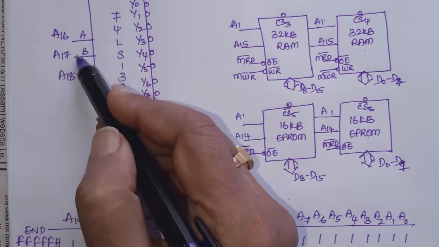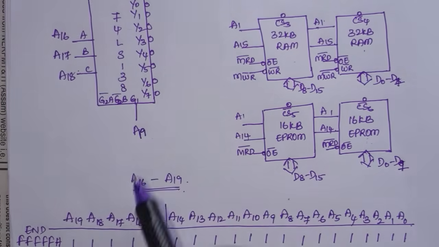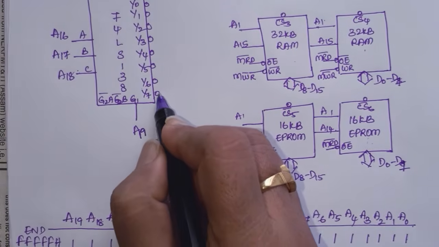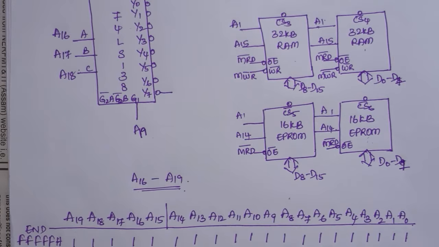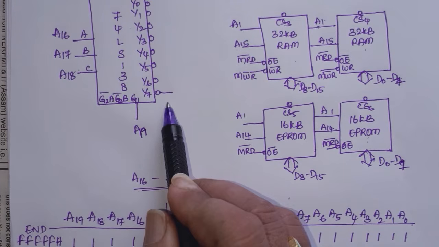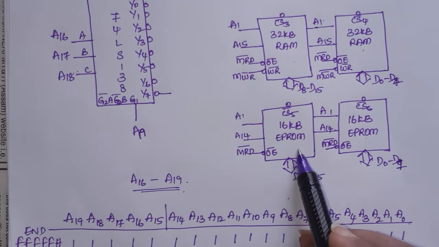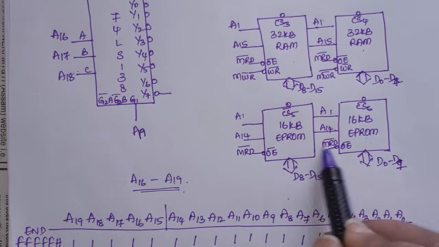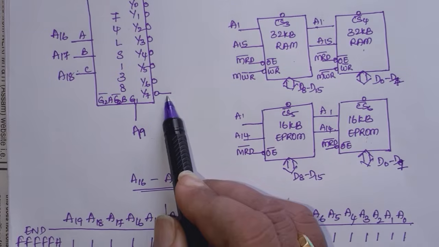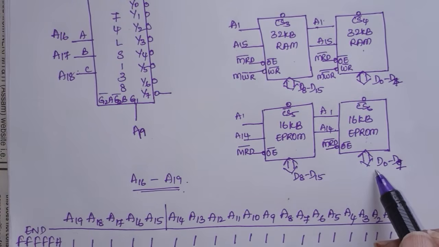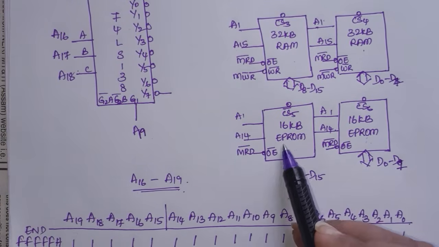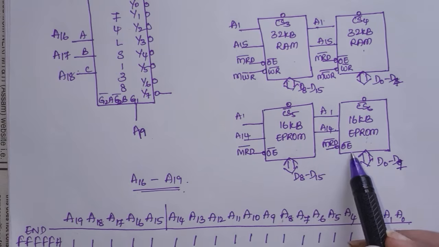So when all these bits are equal to 1, the output selected here will be Y7. This Y7 I can use to select the EEPROM chips. Y7 decoded with bus high enable bar and A0 is used to select the EEPROM chips.